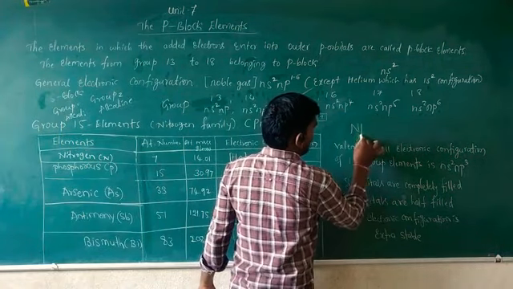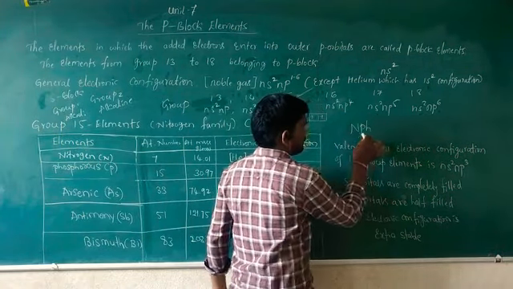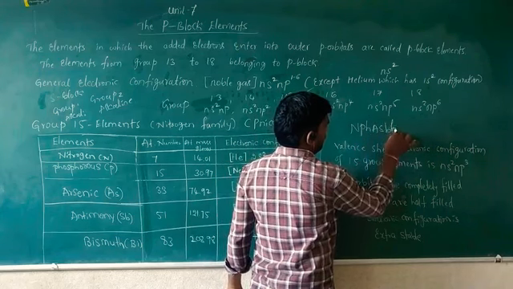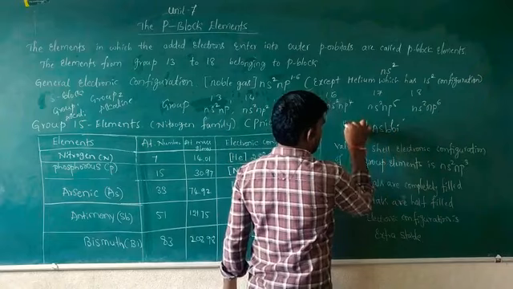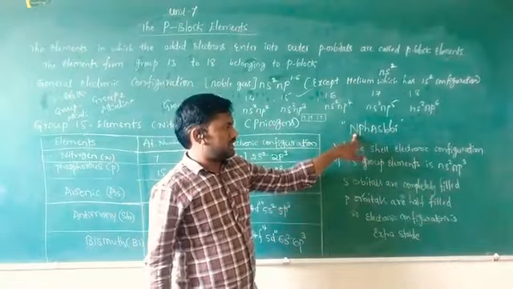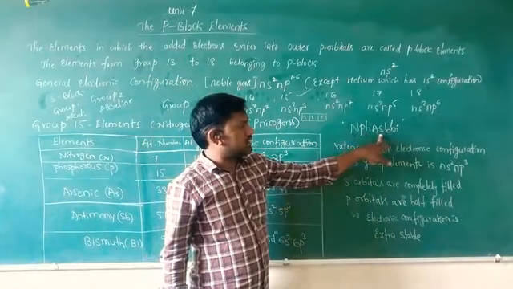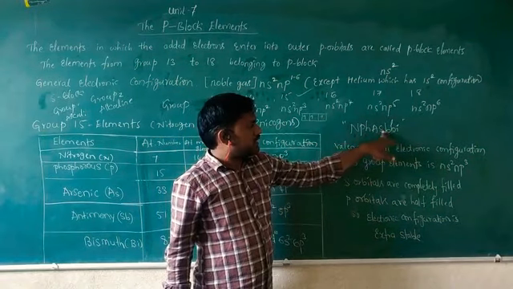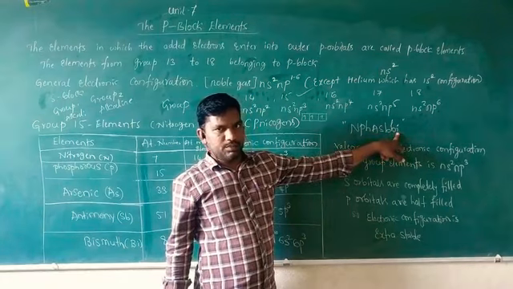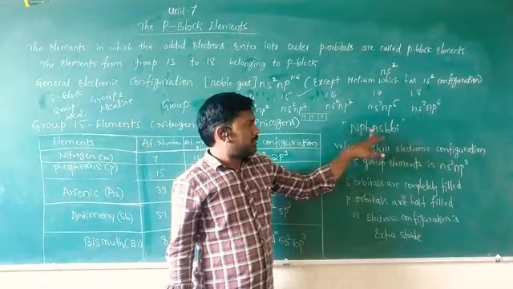Easy to remember: N, P, As, Sb, Bi. N is nitrogen, P is phosphorus, As is arsenic, Sb is antimony, Bi is bismuth.